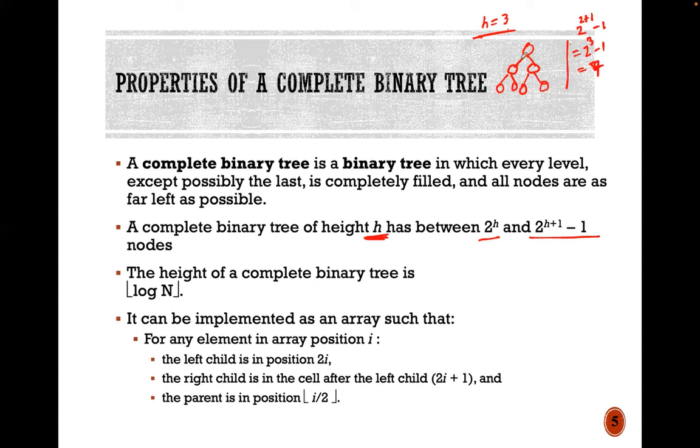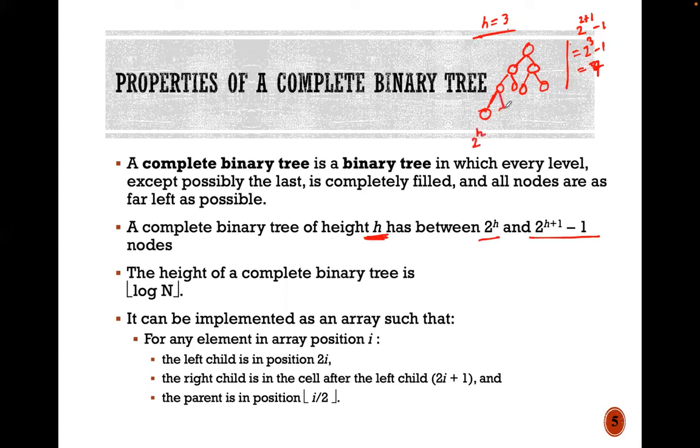Now with height 3, how many nodes can we have? If the height is 3, the minimum number of nodes is 7 plus 1. We are adding only one node to the tree with height 2, and that will make this tree have height 3. This is our minimum number, and you can see that this is 2 to the power 3, meaning 2 to the power h.